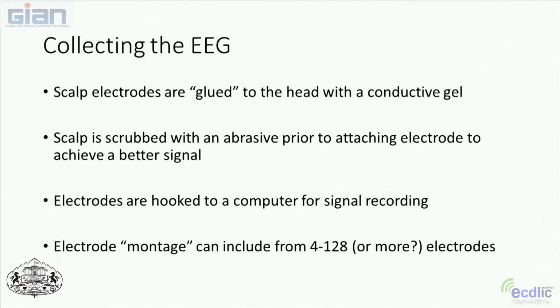So to collect the signal, the scalp electrodes are essentially glued to the head with a conductive gel. To do this, you take a small scrub brush and you scrub the area that you're about to place the electrode on with an abrasive. That's to try to get rid of some of the dead tissue and to get a better signal from the scalp. The electrodes are then hooked to a computer for the signal recording.